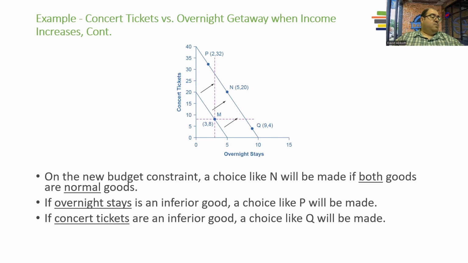When income rises, the most common reaction is to purchase more of both goods, which would be choice N, to the upper right relative to Kimberly's original choice M, although exactly how much more of each good will vary according to personal taste. Conversely, when income falls, the most typical reaction is to purchase less of both goods.